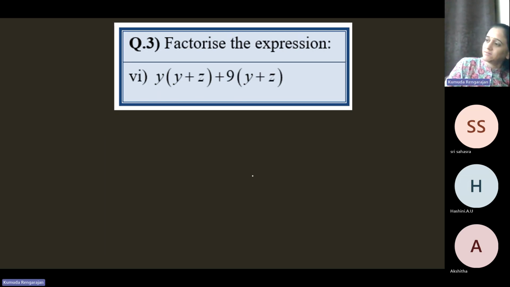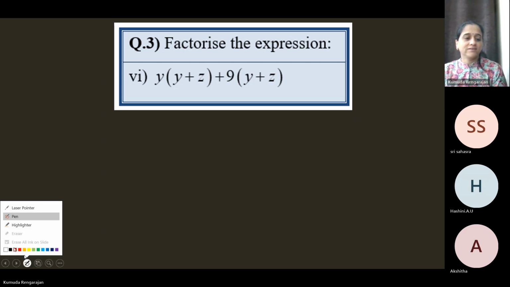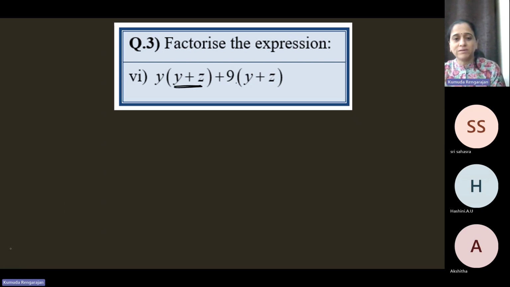Yeah, quick. What's the answer? Y plus 9 into y plus z. Correct. See, y plus z, y plus z.